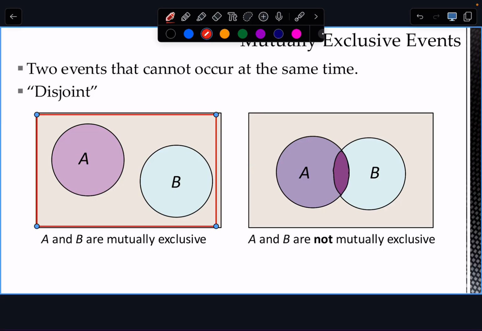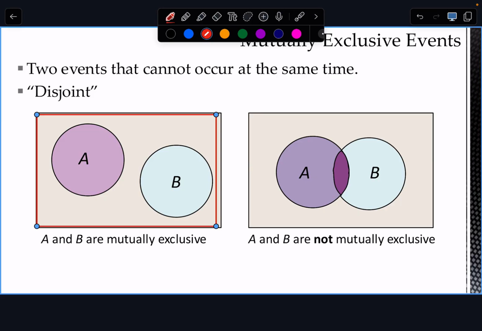And then I have these two circles that are representing events. Yesterday we talked about the idea of sample space being all possible outcomes. Events are subsets. They're a collection of outcomes that satisfy a specific condition. So when we create these Venn diagrams, we have our sample space represented in that rectangle, and then these circles represent the different events that we might be interested in.